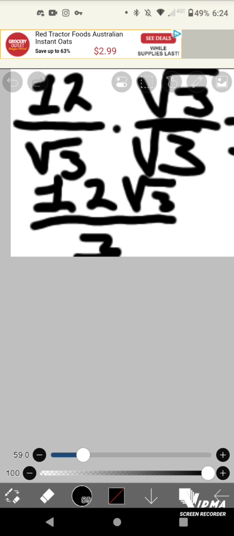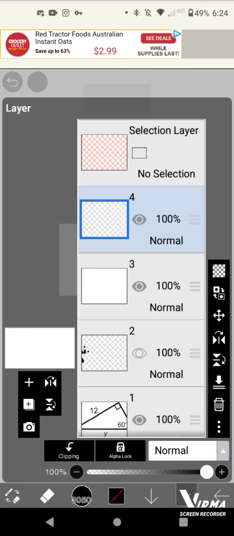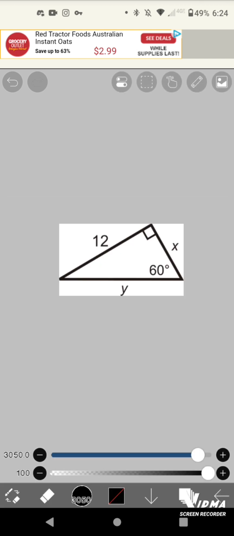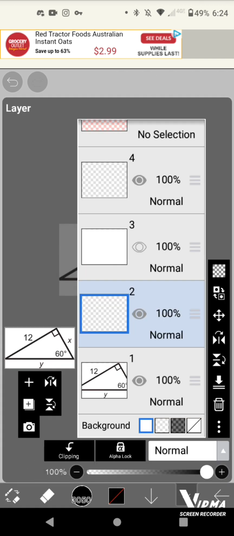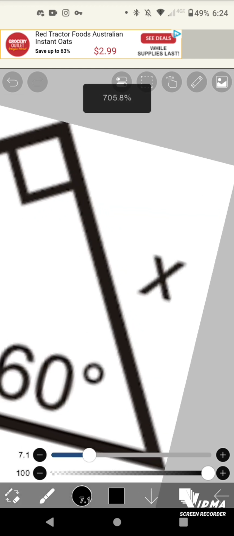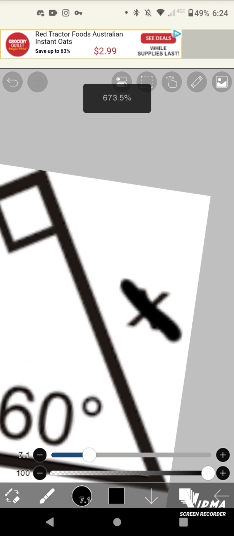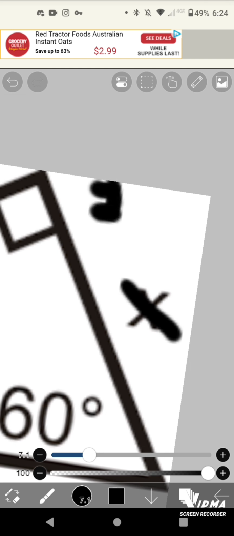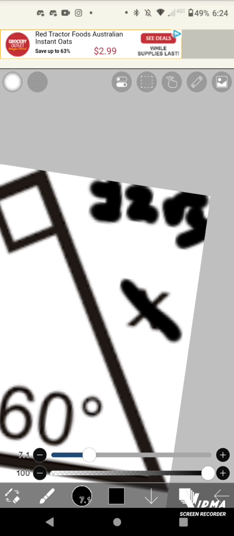This is our short leg value. So let's make that clear. The short leg is this one. 12 root 3. That is really big and ugly.